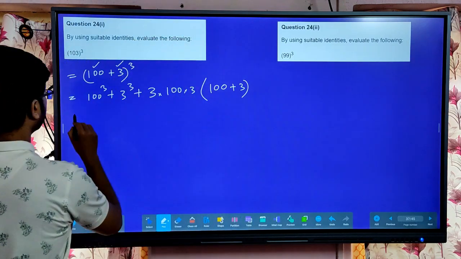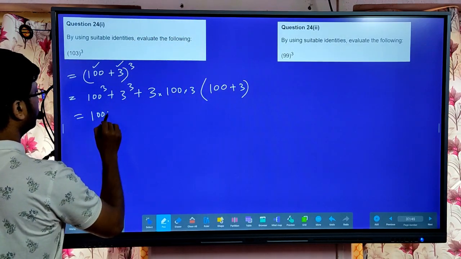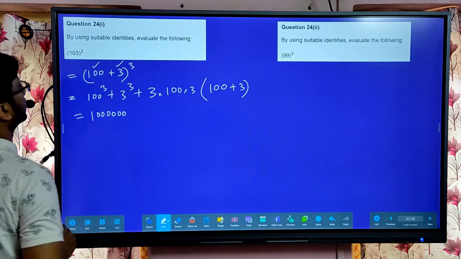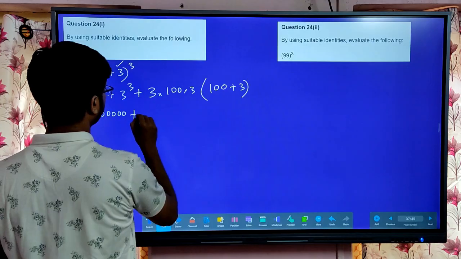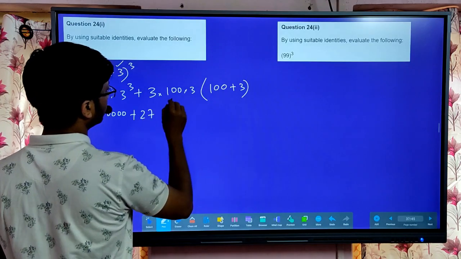So 100 cube will be 6 zeros, and 3 cube is 27, and this one is 3, these are 9.